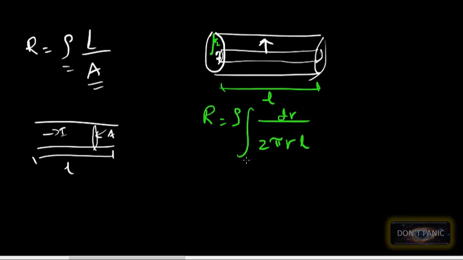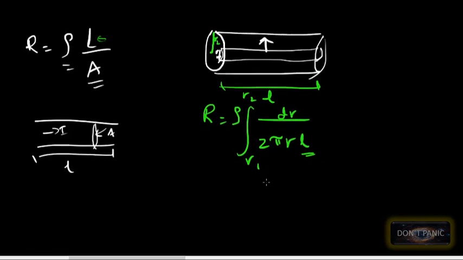So it's going to be an integral from R1 to R2. Remember, this L is not this L. This L in this problem is dr, because the current is flowing radially away. And because your resistance is changing, you have to integrate to find the resistance of this material. So resistance depends on the direction that the current is flowing in.